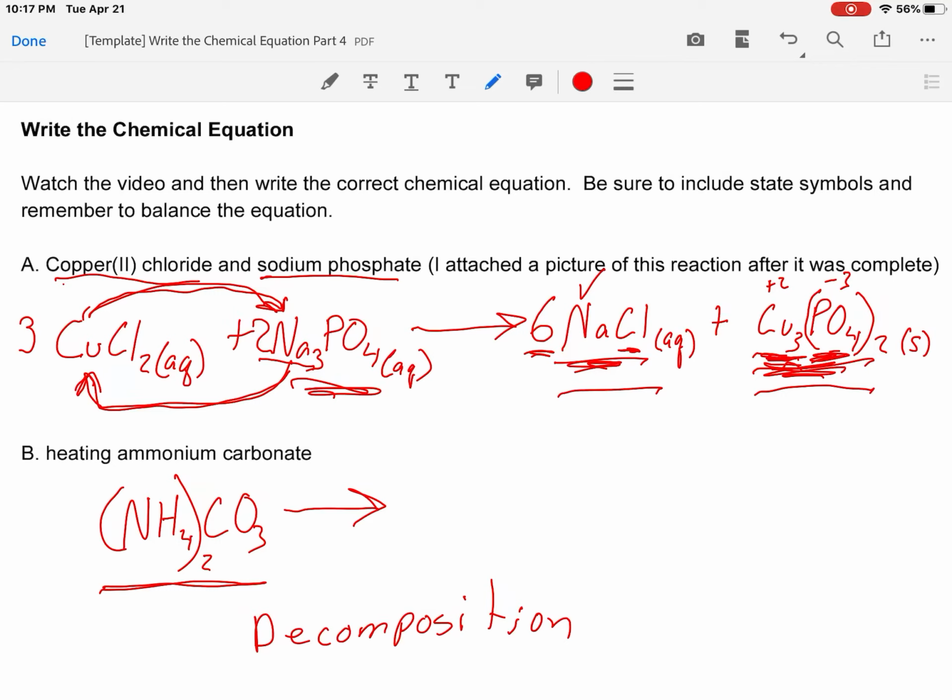Well, they're all colorless gases. You can't see them. It sort of looks like it just disappears. Well, it doesn't really disappear, but it leaves as a gas, or actually a few gases. So if you recall, I tested that gas a few different ways. I put some cobalt chloride paper down inside there. And what cobalt chloride paper does is, if it comes in contact with water, it turns from blue to pink.